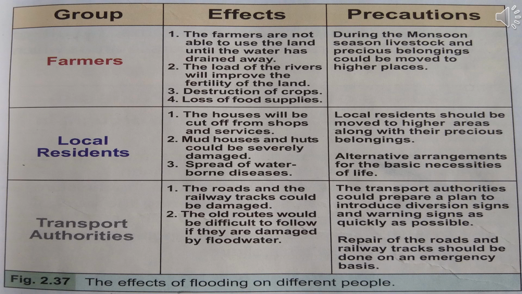All right, other than crops, we are not only talking about arable farming or cultivable land here, we are also talking about how the livestock is affected. So obviously when the human beings are losing their lives, how would they be able to save their animals? The animals also die.